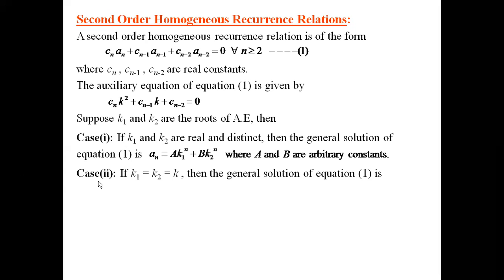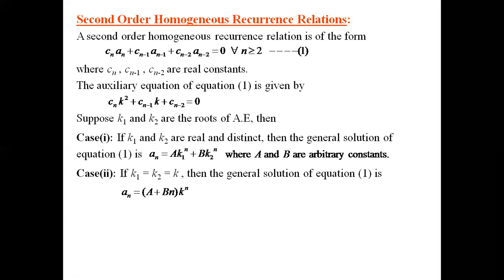Case 2, if K1 and K2 are equal roots, say suppose they are equal roots equated to K, then the general solution of such an equation is given by an equal to A plus B into n, the whole thing multiplied by k power n. So we will be getting a common root here.